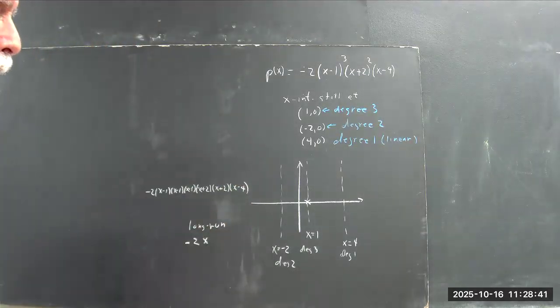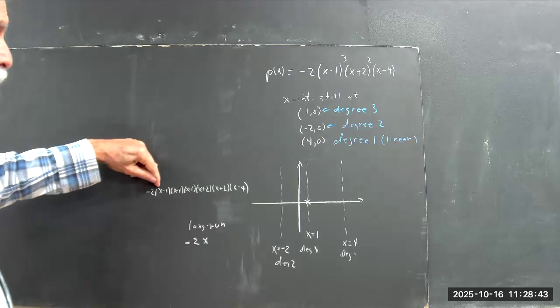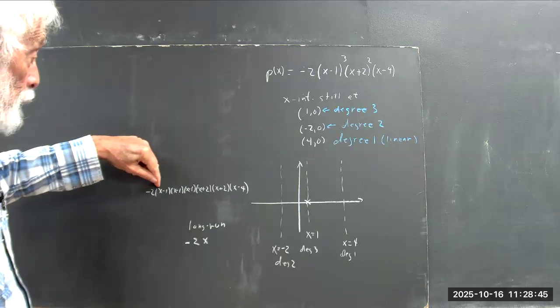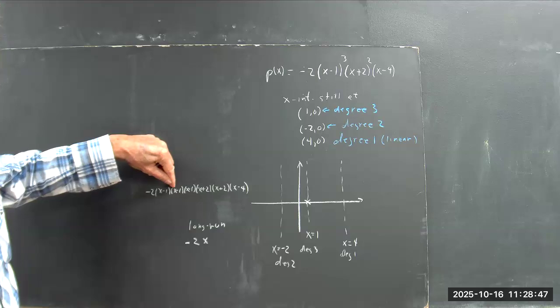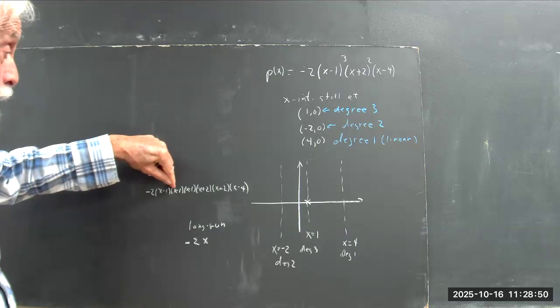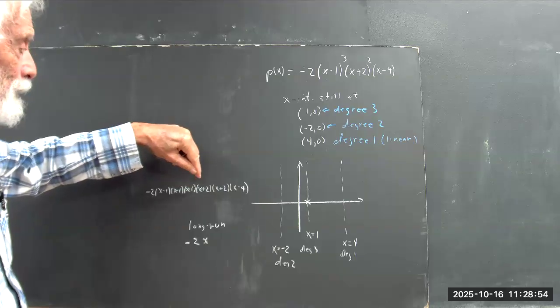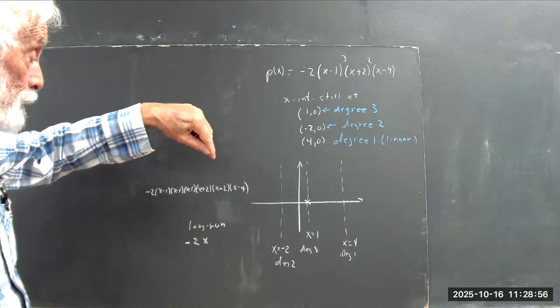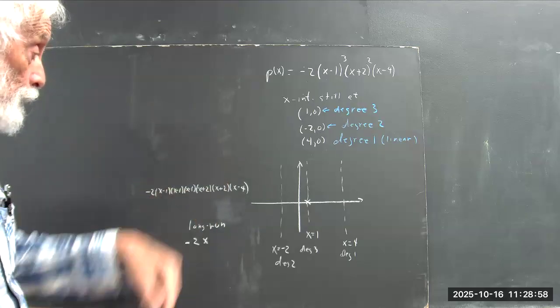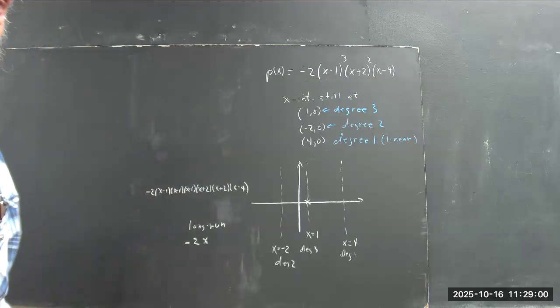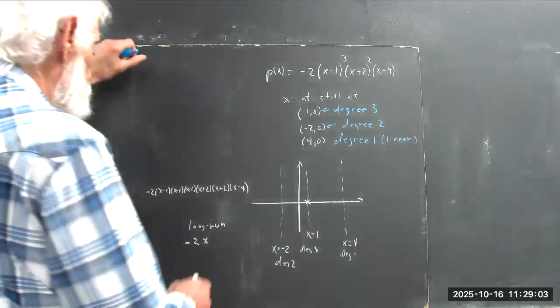And when I multiply everything out, this x will, among a whole lot of other things, eventually multiply this x. So I have an x squared, which then eventually multiplies this x, which gives you an x cubed, which multiplies this x and gives you an x to the 4th and an x to the 5th and an x to the 6th. Okay? Now we have a negative in front of this.